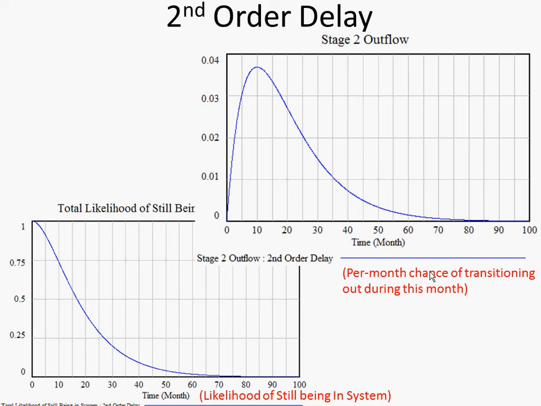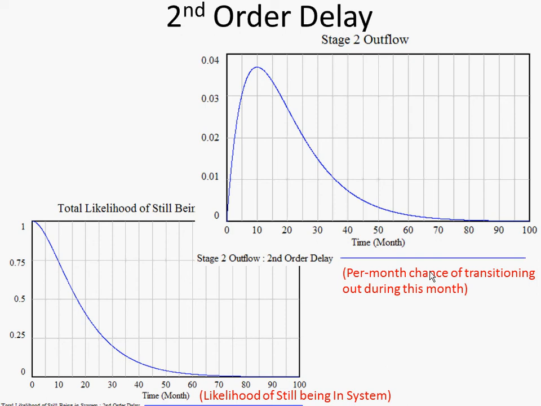This is the outflow from stage 2, the part after the peak. You're asking, is it like this, or is it like a first order delay? That's a good question. Early on this is not like a first order delay, but over time I think you get something quite close to a first order delay in terms of its timing, because more and more it's dominated by that second stock and how quickly it can drain.